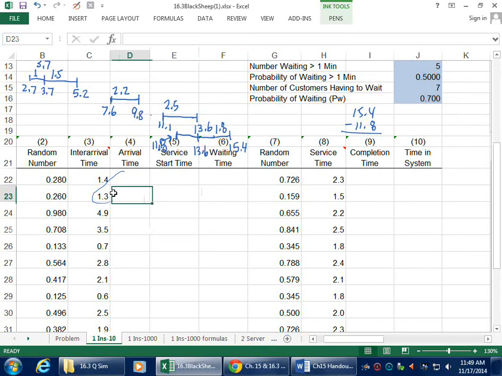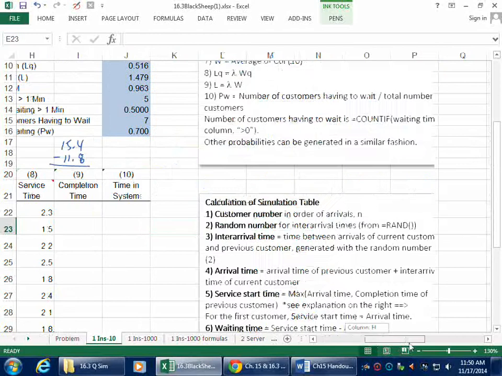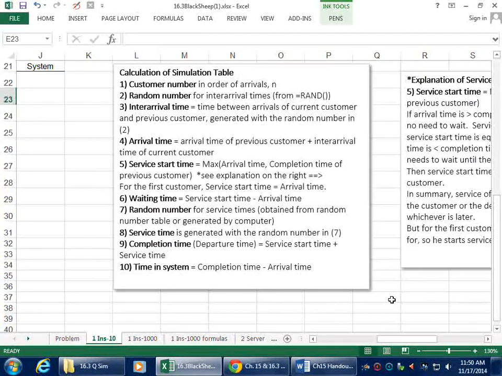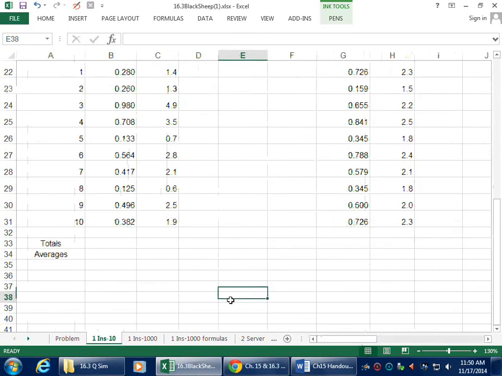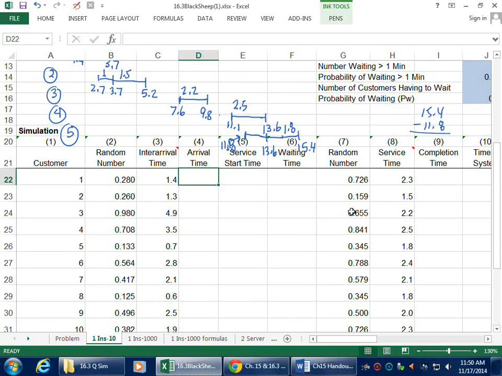Okay, so we've seen the pattern, so I think we could figure out what to do. But in case you're not sure, here's a guideline. Interval time is the time between the arrivals. Arrival time is the previous customer's arrival plus the interval time, and so forth. The first one is just this number here.